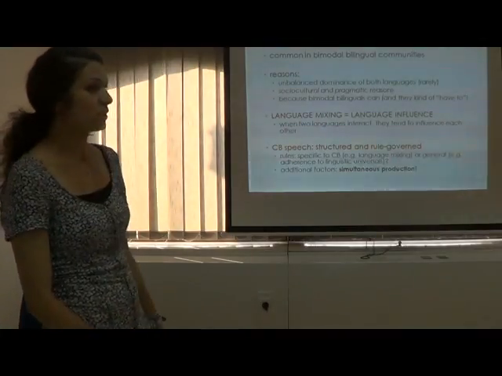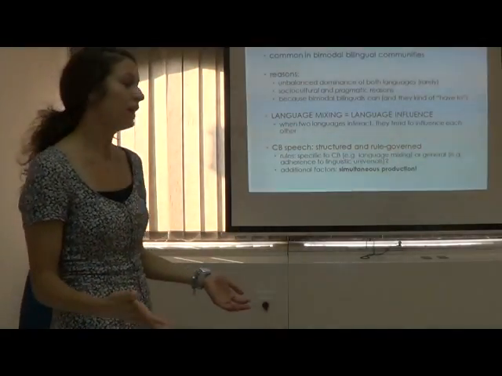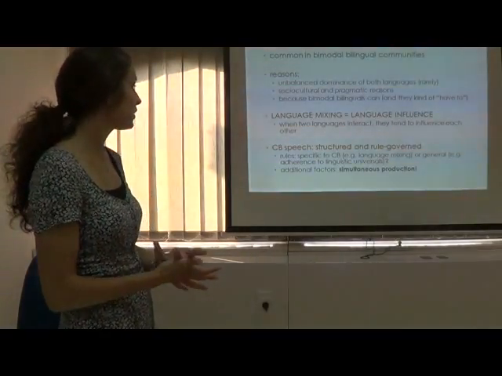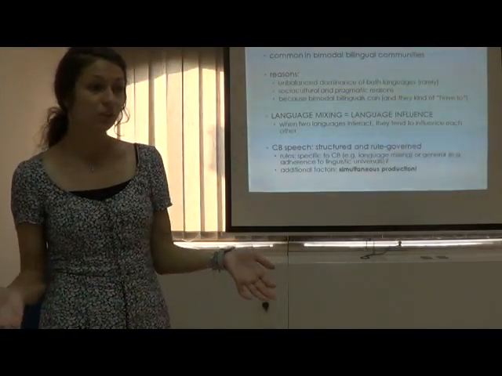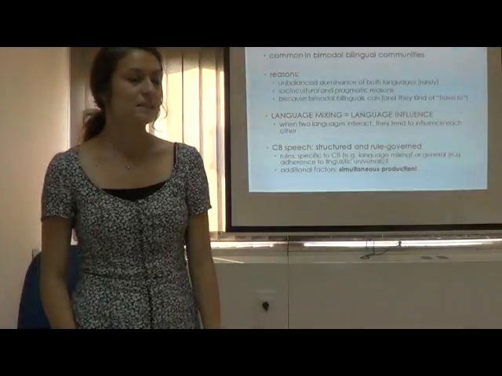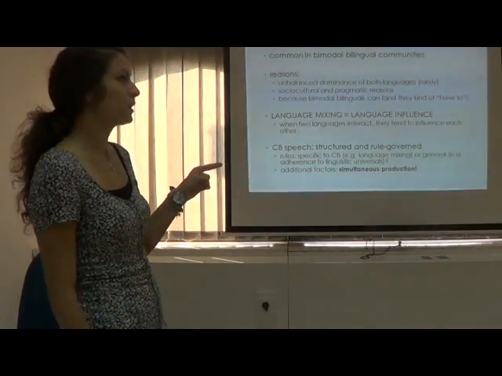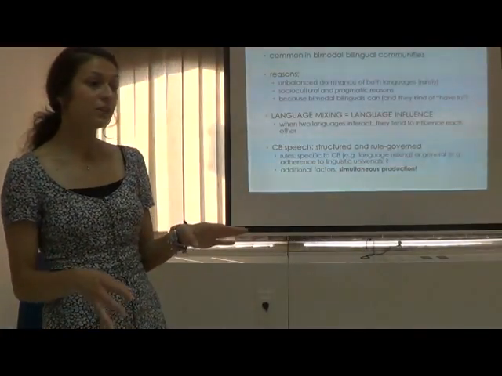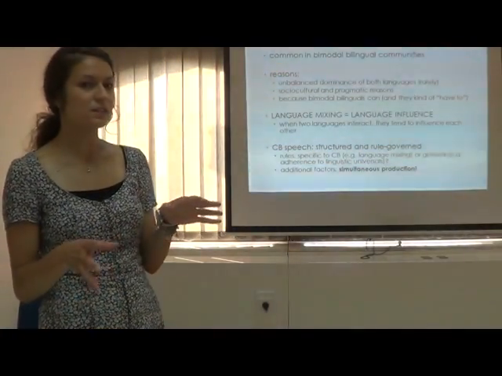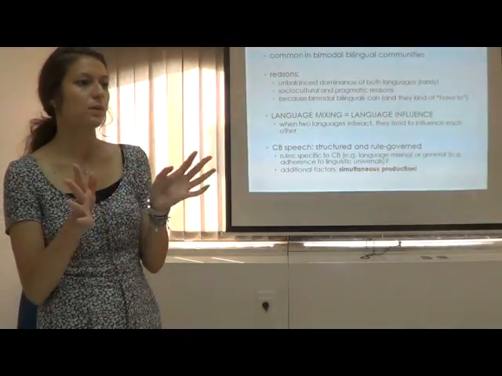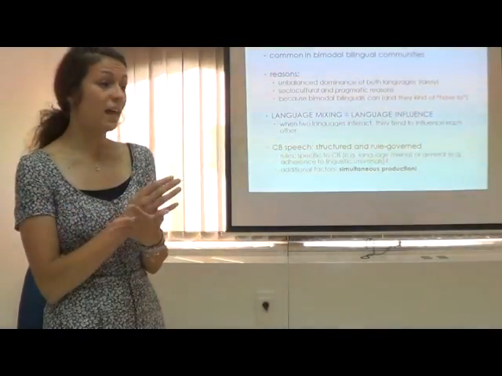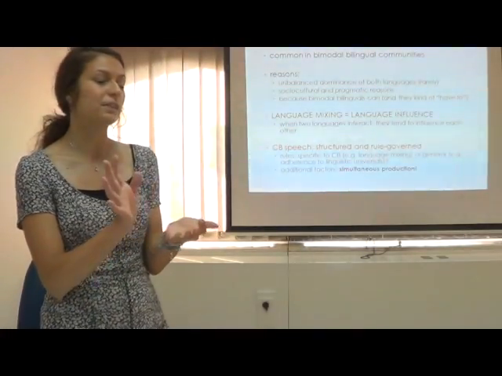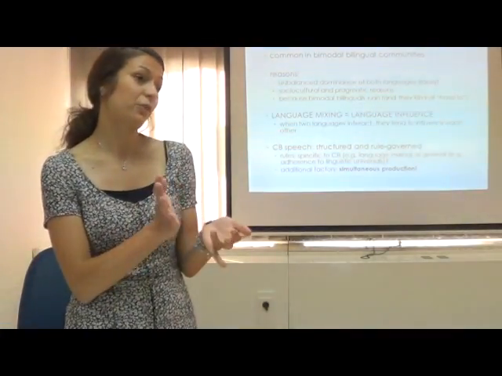Again, the speech is also structured and rule governed, but we have another additional factor that's very important, and this is the simultaneous production. I didn't put any examples here, but in ASL and English, simultaneous production is not that big of a deal because the word order is pretty much the same. But in Italian Sign Language, called LIS, it has a different word order.